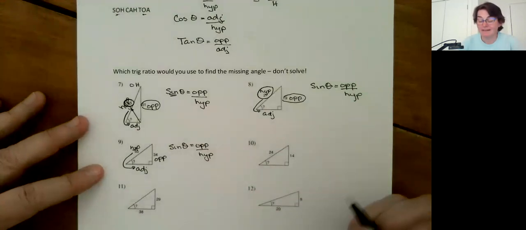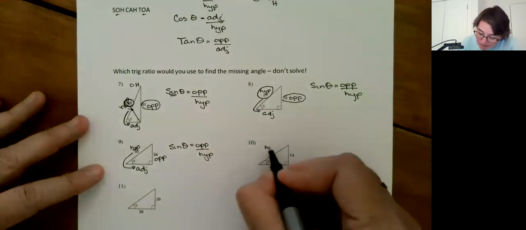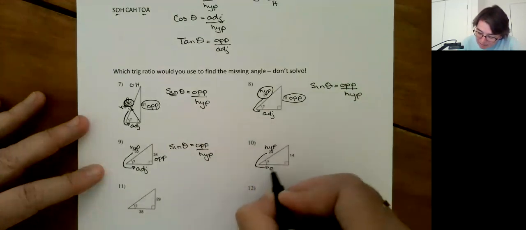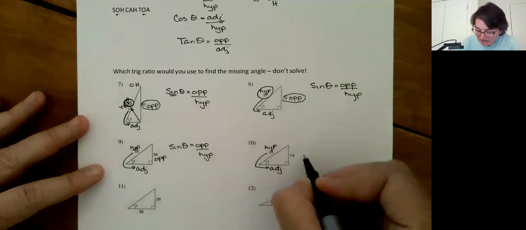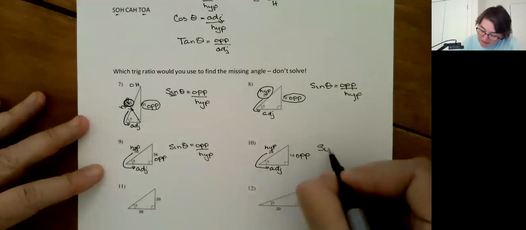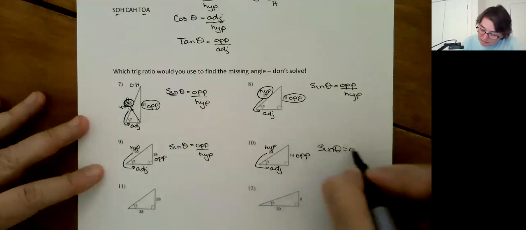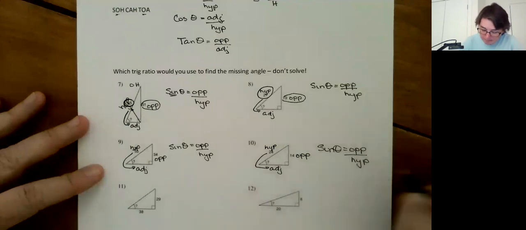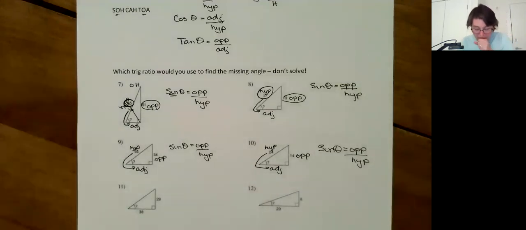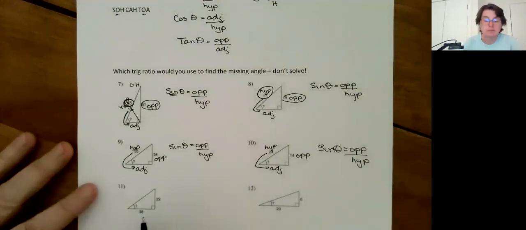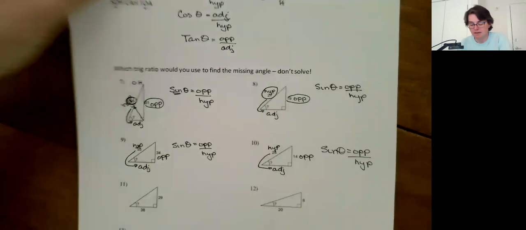Are you seeing a pattern here? There's my hypotenuse. Go around the angle. There's my adjacent, and there's opposite. I guess I should have mixed these up on you. Sine theta is opposite over hypotenuse. I sure hope they change pretty soon. All right. Oh, yes, they do right now.